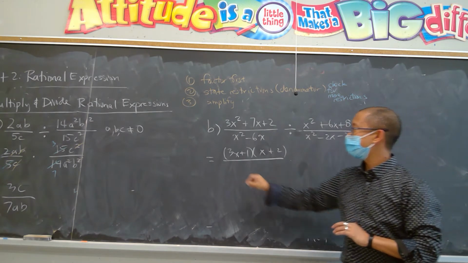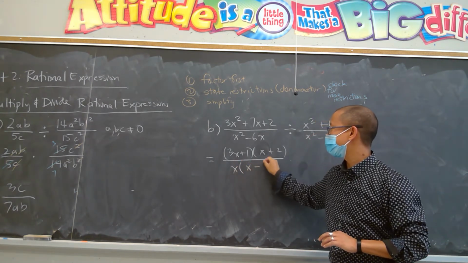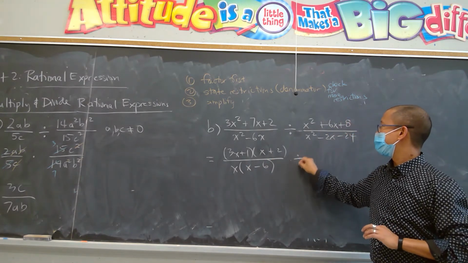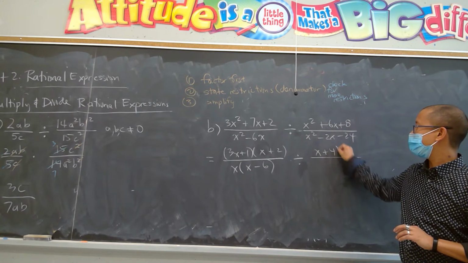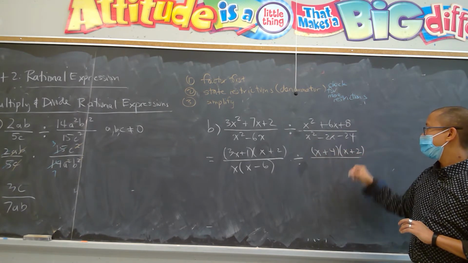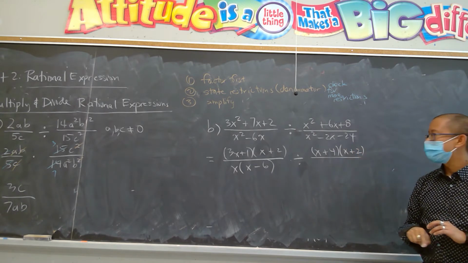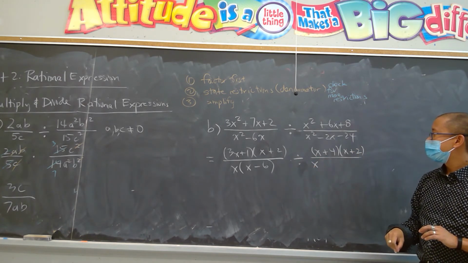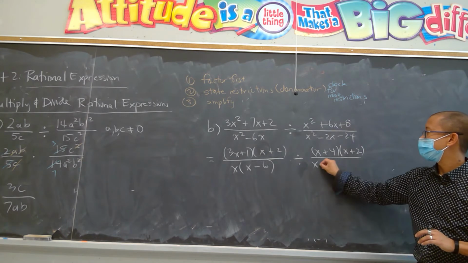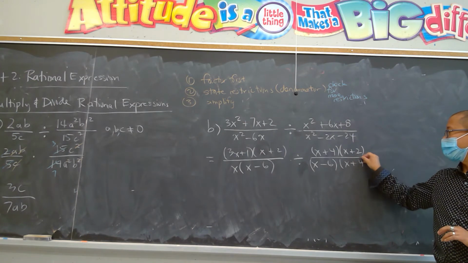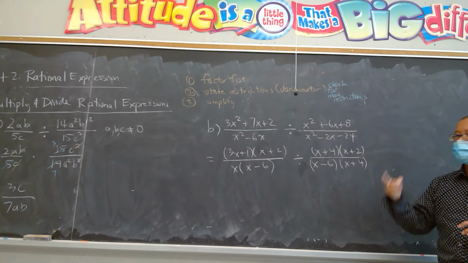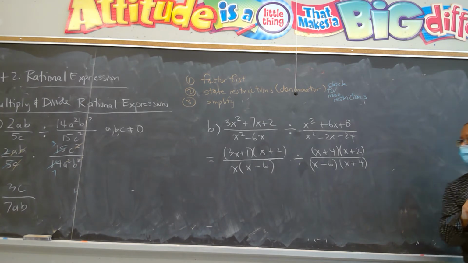And in the denominator here we have x times x minus 6, divided by x plus 4 times x plus 2. And this one here we have x minus 6 and 4. I think that's right. Let's double check my factoring here. I did this relatively quickly. Did I make mistakes? Thank you.